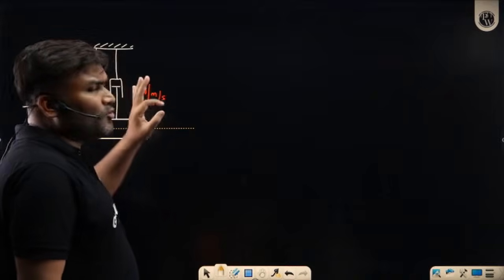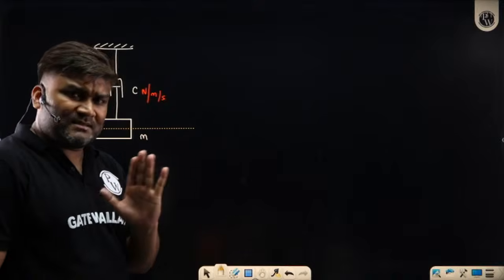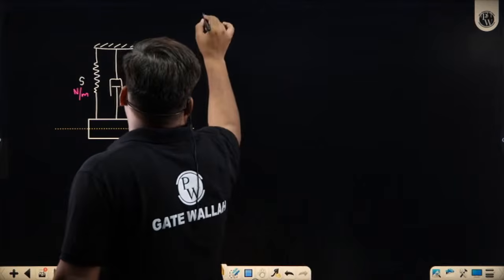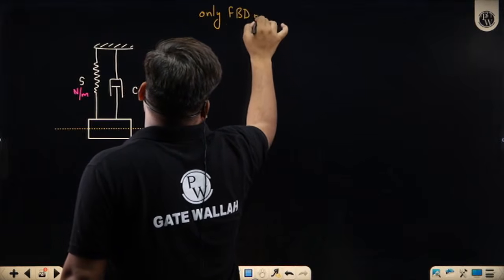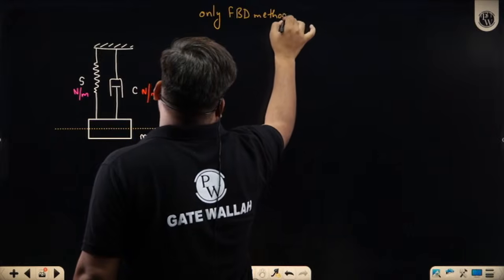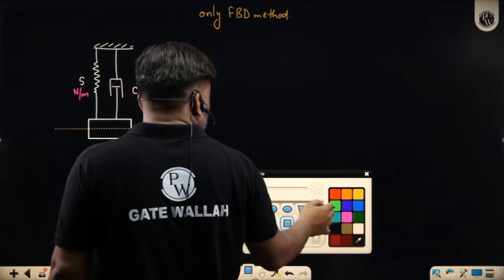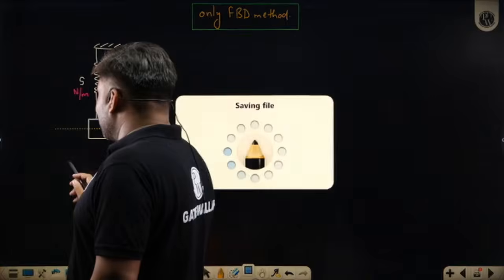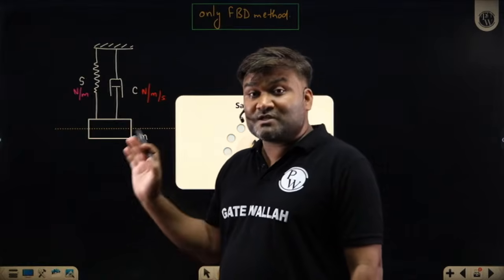Here I am left with only one thing: the free body diagram method. Only the FBD method is used here, and even further when we talk about forced vibration, only the FBD method is applicable. The Rayleigh method and energy method are especially for natural vibrations.